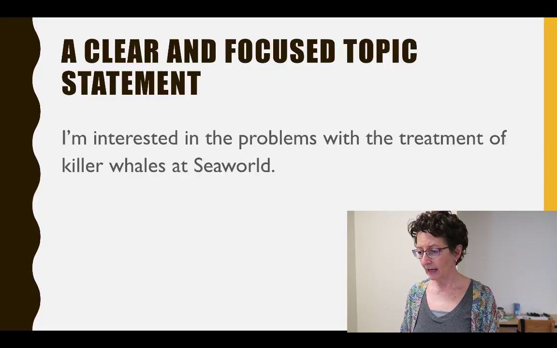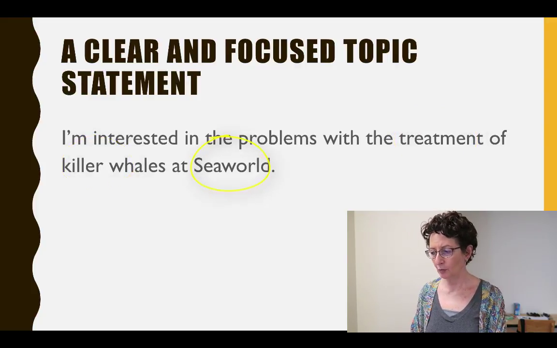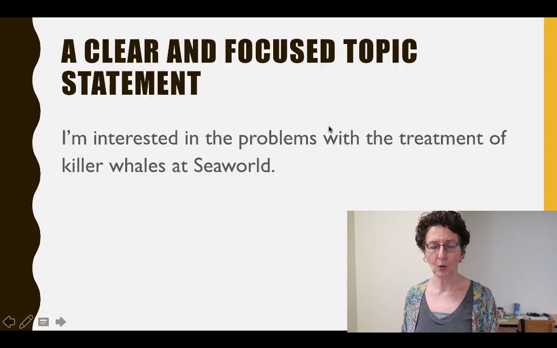So right here, I would say that a good keyword would be treatment, killer whales, and SeaWorld. So I feel pretty confident that if I were to search about the treatment, or a keyword, I don't want to search on the word treatment, but in the next step we're going to look for synonyms and related terms. So this will do for now.